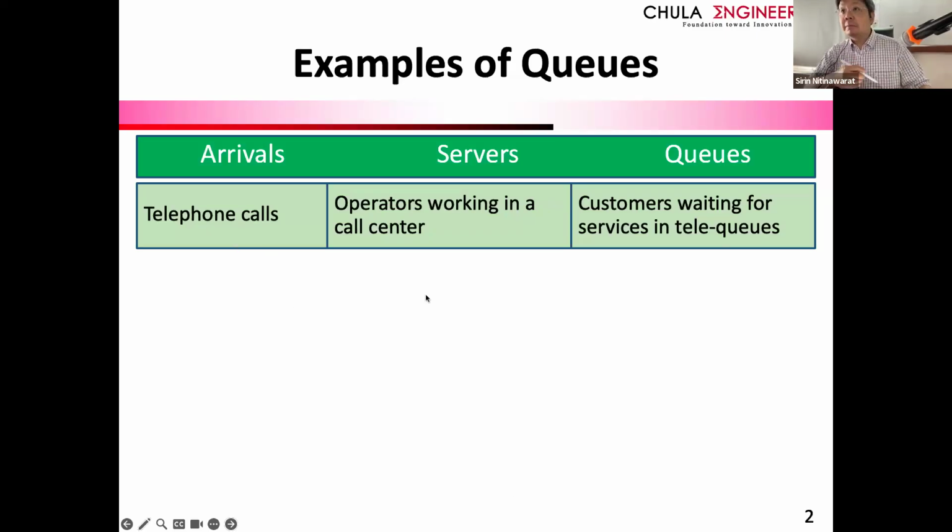Something like a call center. You have operators, potentially many of them, working for a call center and receiving customer calls. This is a more complex situation, with potentially many operators, each having his or her own queue.